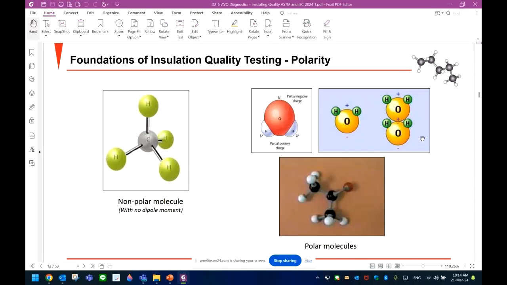And this is the non-polar molecule. So there is some unbalance. To test interfacial tension is to test the amount of polar contamination. If there is a huge amount of polar contamination, that means the quality of the dielectric of your insulating oil will go down.